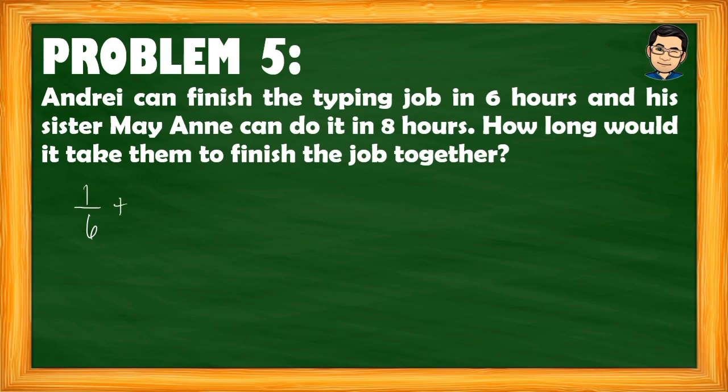And then plus, ito naman yung kay Mayan, 1/8. And then, yung hinahanap natin, yung unknown, yung time na kung saan matatapos nila yung trabaho ng magkasama. So, the equation will be 1/6 plus 1/8 is equal to 1/x. So, ganyan po yung pagre-represent kapag work problem.